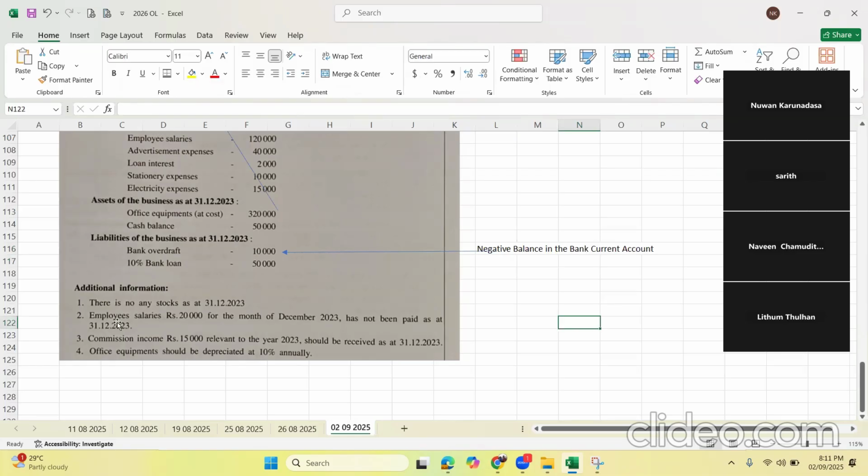Then the bank loan. There is no stock as of 31st December 2023; closing stock is not there.